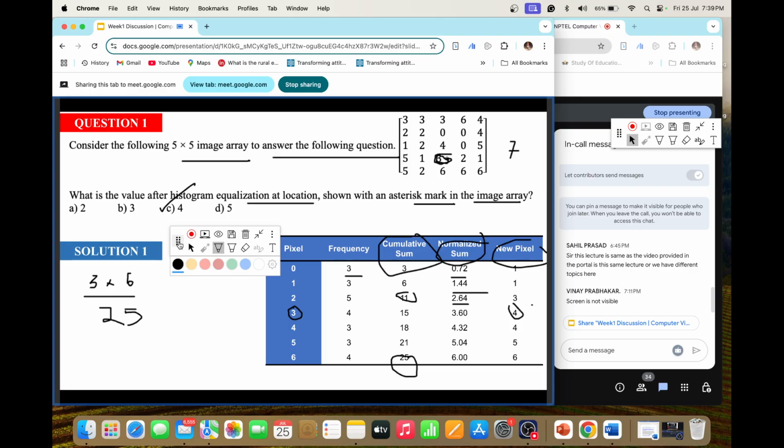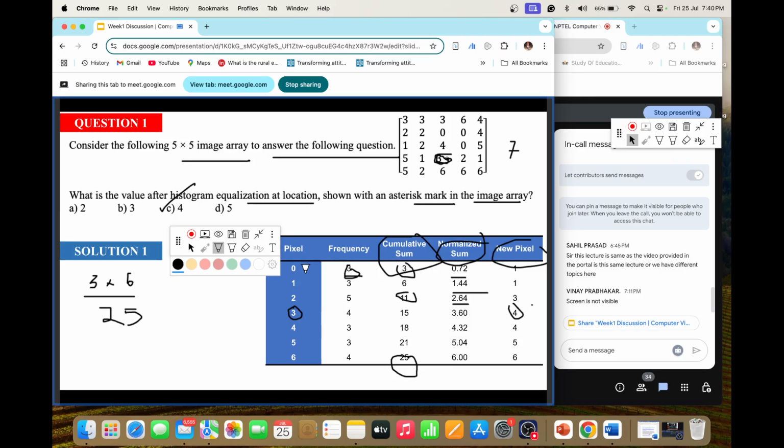Sorry, sir. Can you please repeat how to calculate the normalized sum? Yes. For the 0 pixel, what is the cumulative sum? The frequency is 3, so the cumulative sum is 3.